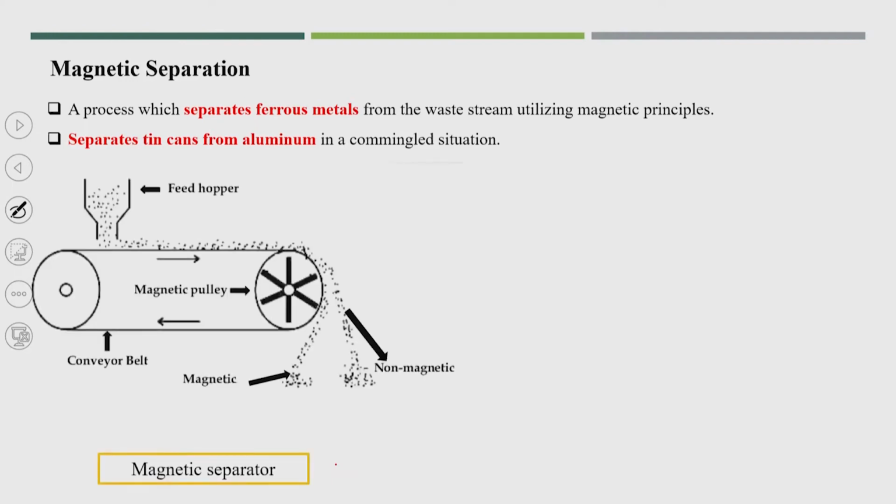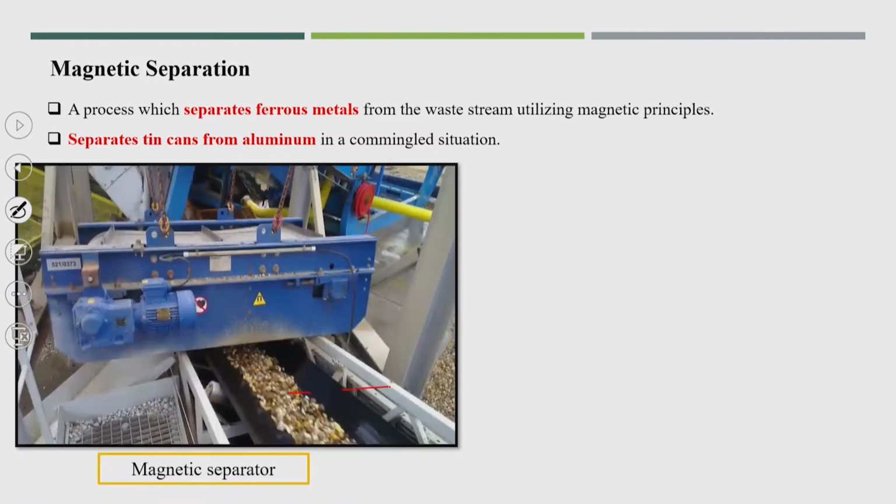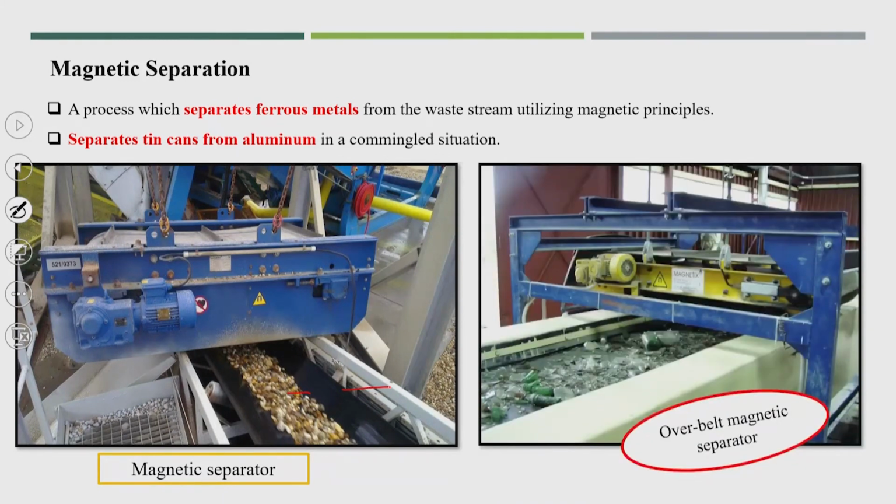This is one of the line diagrams, you can see that by having the magnet, the non-ferrous metal and ferrous metal will get separated. This is one of the photographs, you can see here the magnetic separator. This is an overbelt magnetic separator, where metal is getting separated.